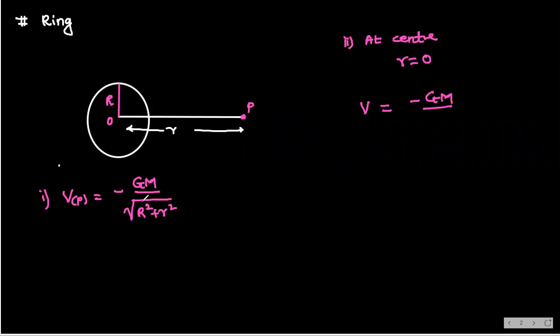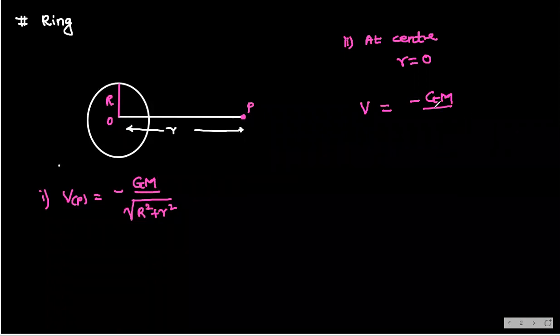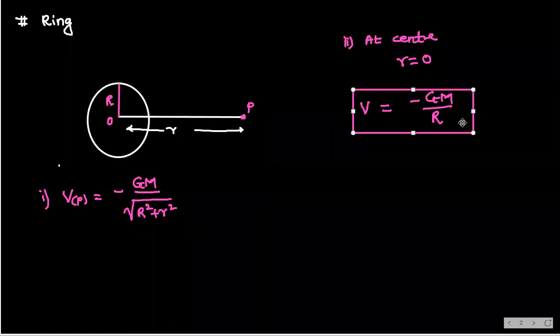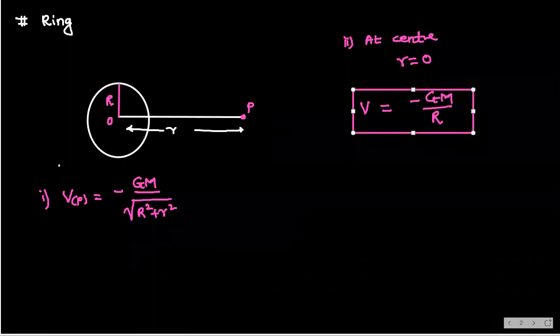What you will get? R. So that's why V is equal to minus GM by R for the ring, at center. And at an axial point, the first formula applies, and this one is for at center.